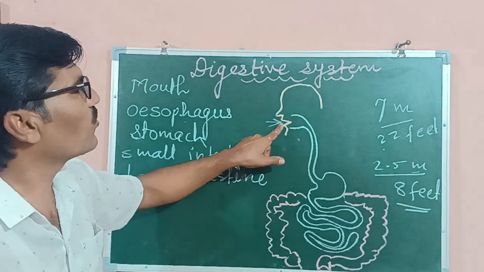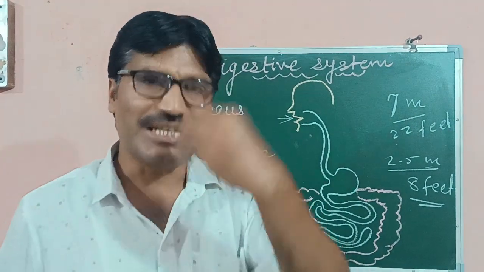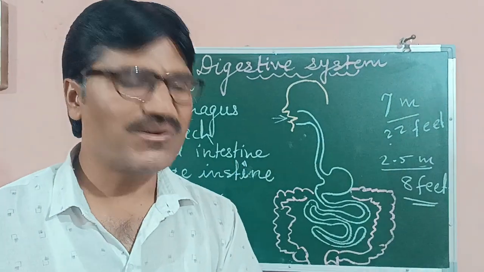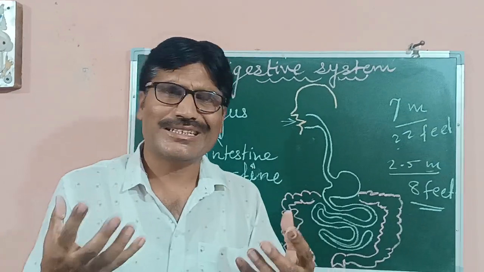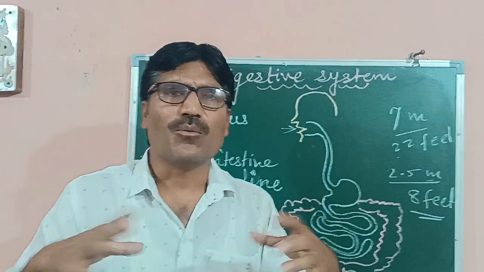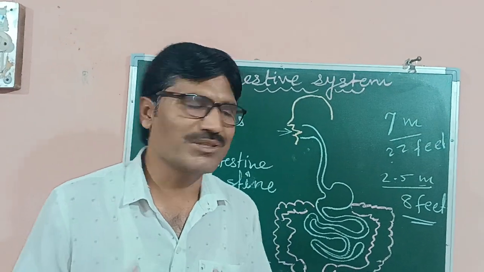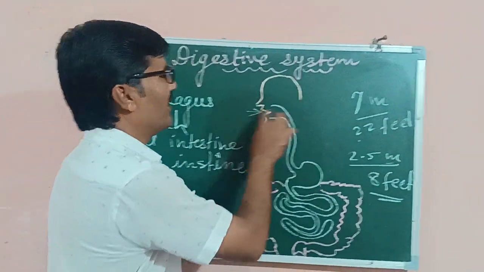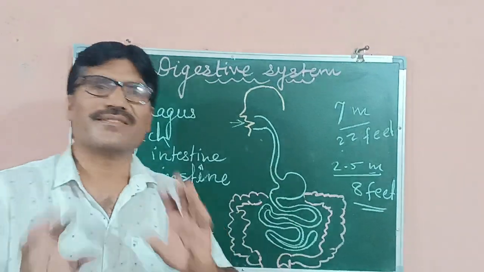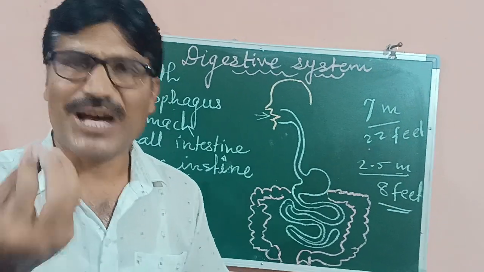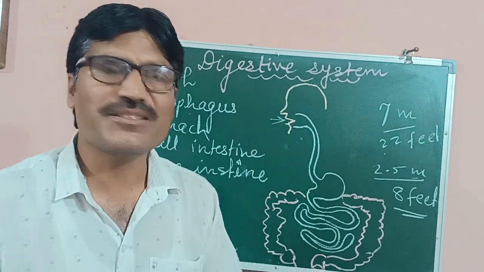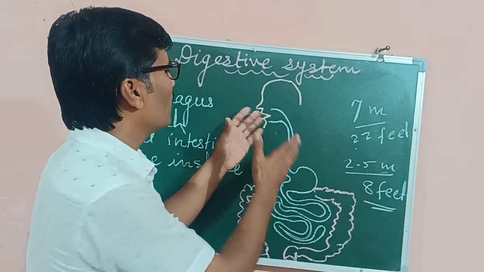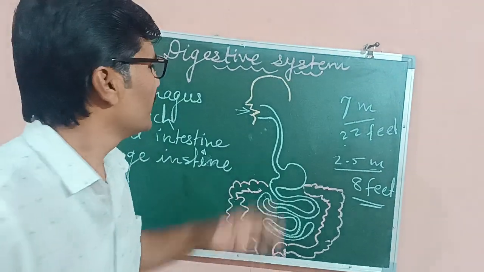The digestion starts from our mouth. That means when we eat, when we chew, when we bite the morsels of our food, we take many foodstuffs according to our habits and tastes. When we take morsels of different foods, some of them are soft, some of them are hard, some of them are liquids like juices, some of the juicy fruits.